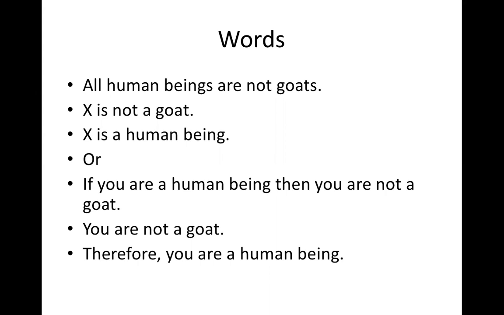Granted that all human beings are not goats, if we say that X is not a goat, does it mean that X is a human being? No, sir. So X not being a goat does not mean that it must be a human being. It could be another animal. Maybe it's a tiger or a dog or something, or a snake.